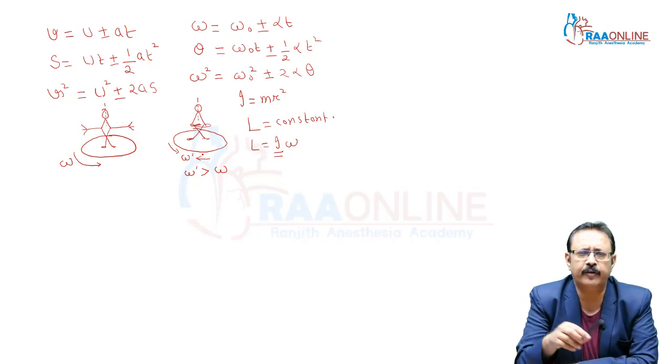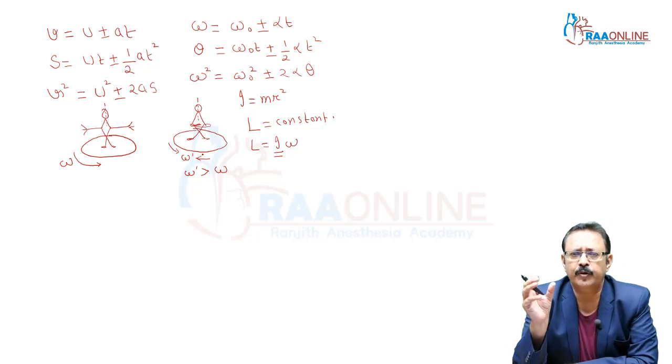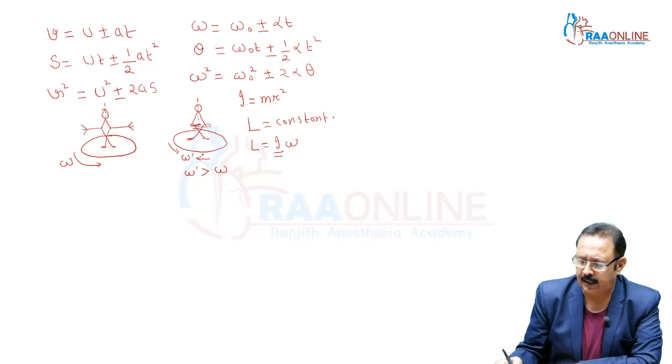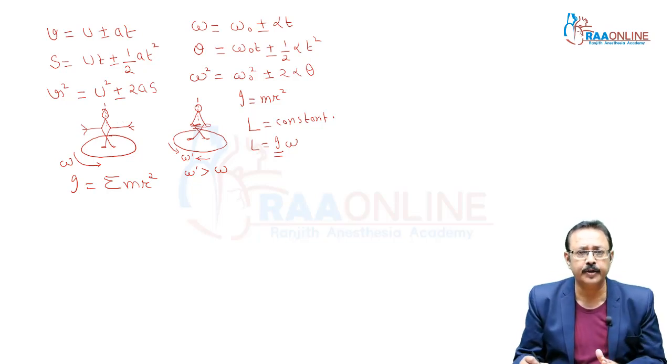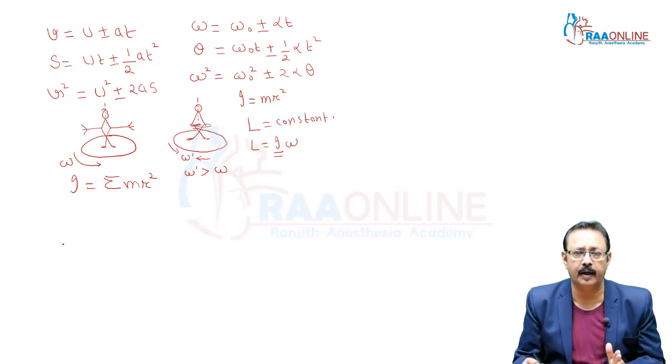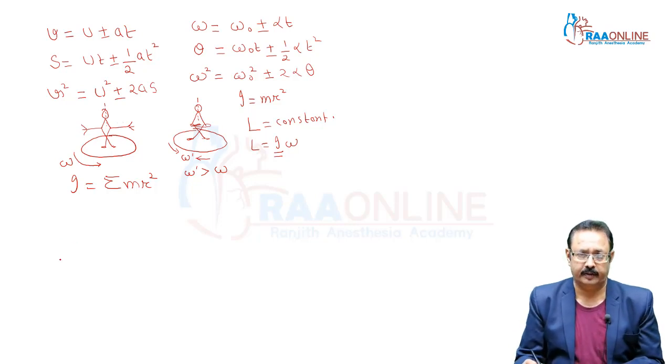What I am saying, I is equals to mr square. It is different for different objects, we will discuss. But if you have one distance, I is equals to, in actual, summation of mr square. If your object is made up of so many particles, I should be equal to sigma mr square.